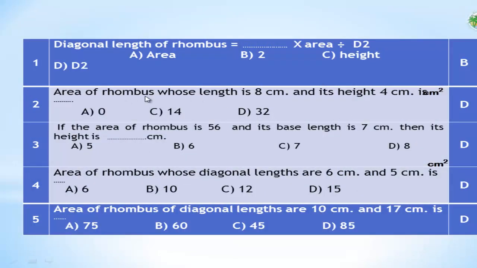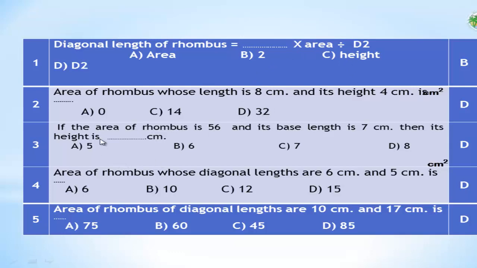Now, find the area of a rhombus with length 8 cm and height 4 cm. Length and height, so base times height, 8 times 4 equals 32 centimeters squared.